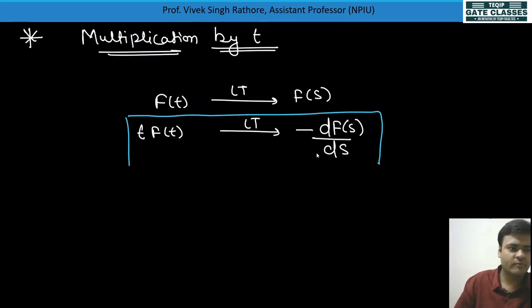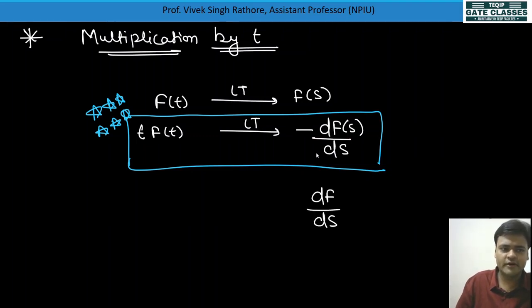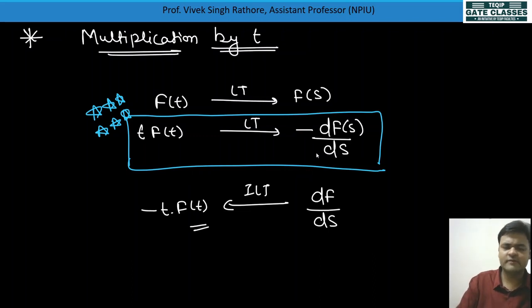So multiplication by t: t into f of t is equal to minus dF by ds. Or inversely, if you take the inverse Laplace transform of dF by ds, you will get minus t into f of t. So inverse also you can take.